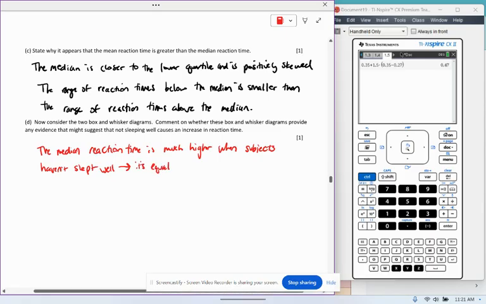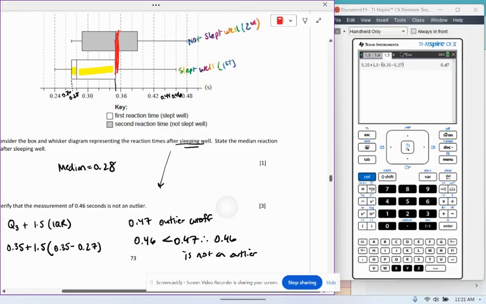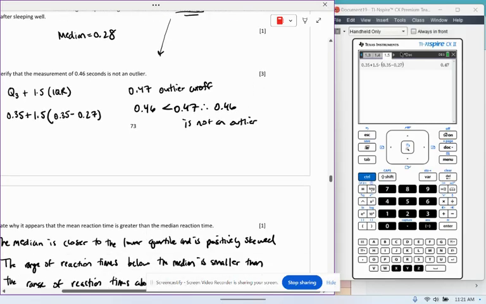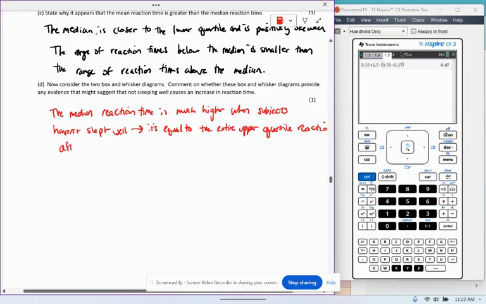It's equal to, what was it equal to? It's equal to the upper quartile, or Q3, reaction after sleeping well. That's crazy. Okay. Have a great day.